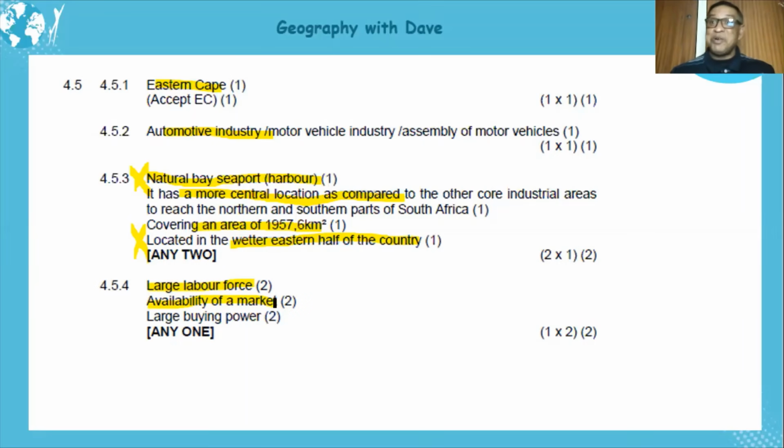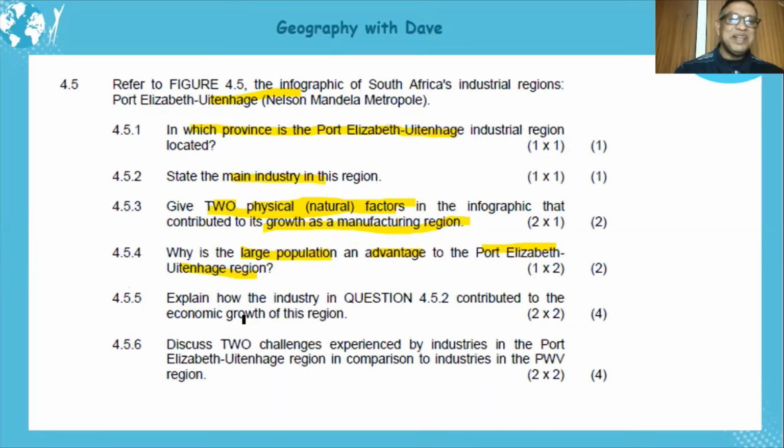Therefore, a large buying power. Similarity between the two, but the examiner has given it as separate. So large buying power, the multiplier effect, etc., comes into action here. Big market. Can you see it? And then explain how the industry contributed to the economic growth.